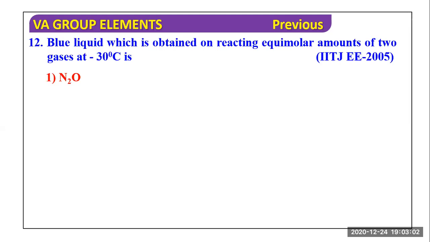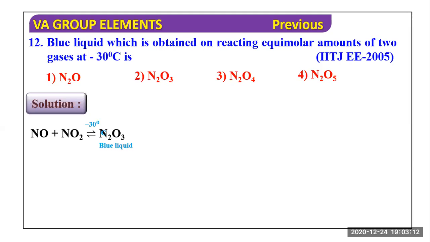Is it N2O3? Is it N2O4? Or is it N2O5? So which one is the correct? NO plus NO2 at minus 30 degree centigrade temperature will give N2O3, the blue liquid. So option 2 is the correct answer.